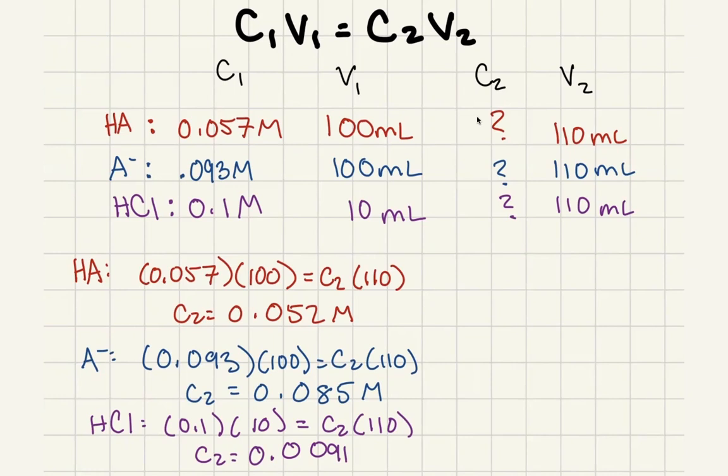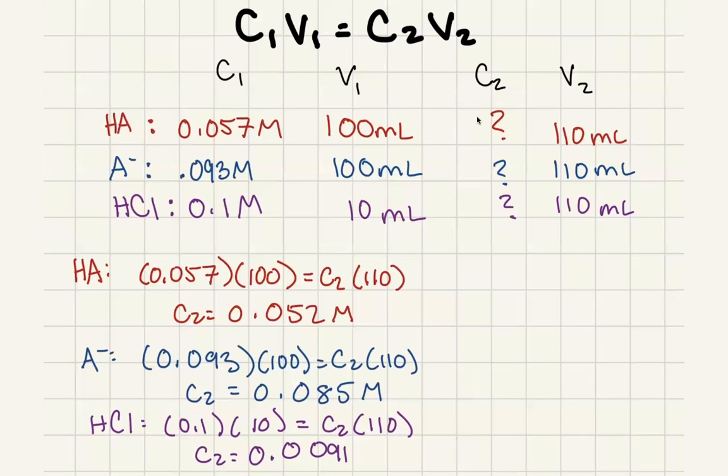But these final concentrations aren't really the final concentrations. They're not taking into account the reacting. They're just taking into account the dilution. But if we do this, then basically we can take the initial concentrations of each of these. And for the HCl, this is the concentration that we're adding. Remember, it's not present in the original mixture. So this will make more sense once we stick it in the table.